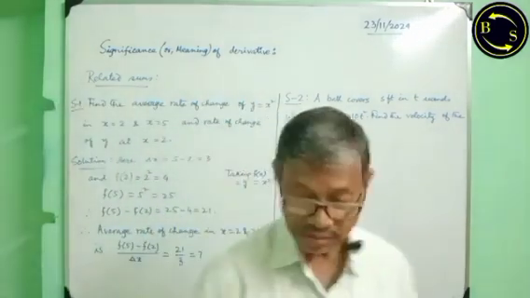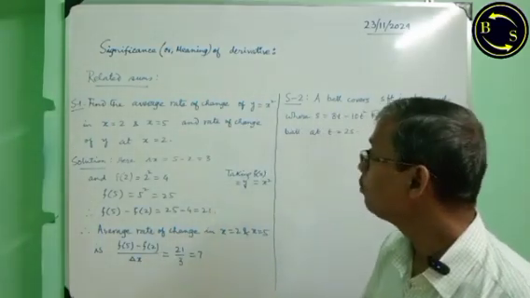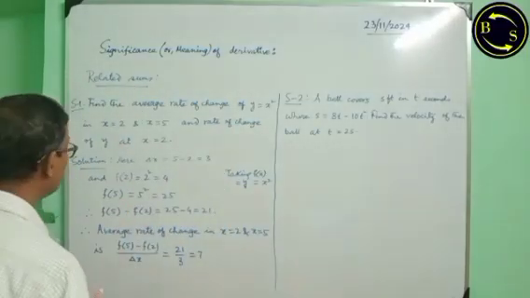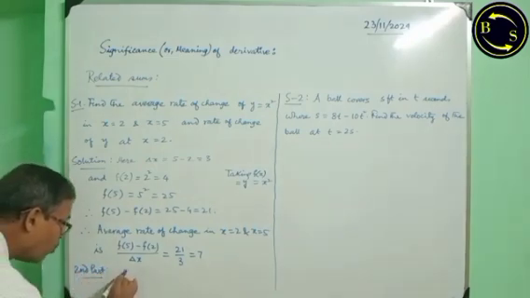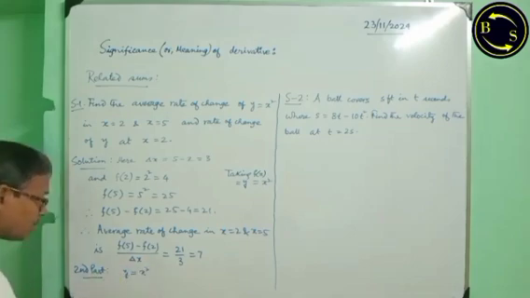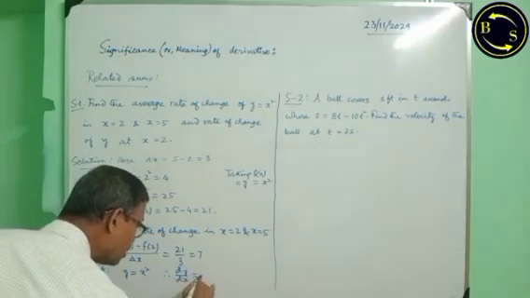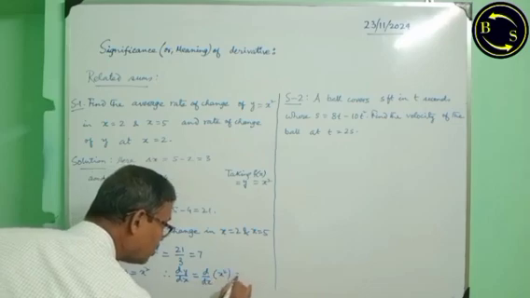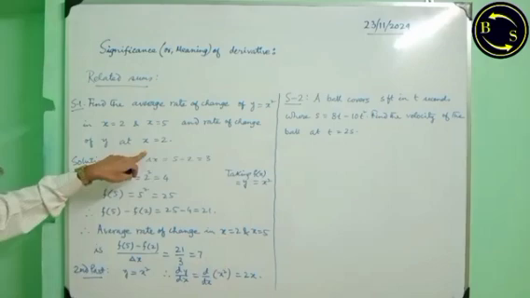No unit is mentioned here, therefore this is the average rate of change. Now we have to find the rate of change of y at x equal to 2. For that, second part, y is equal to x square, therefore dy/dx is equal to d/dx of x square, that is equal to 2x.